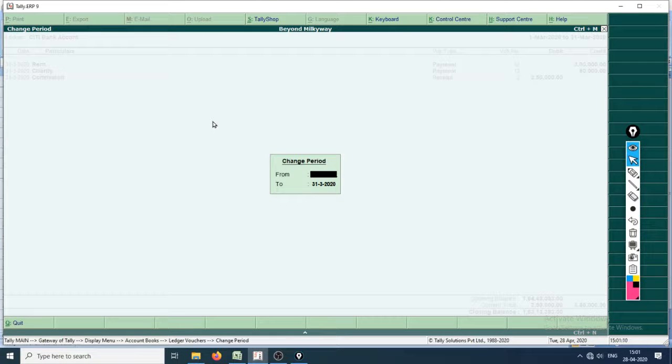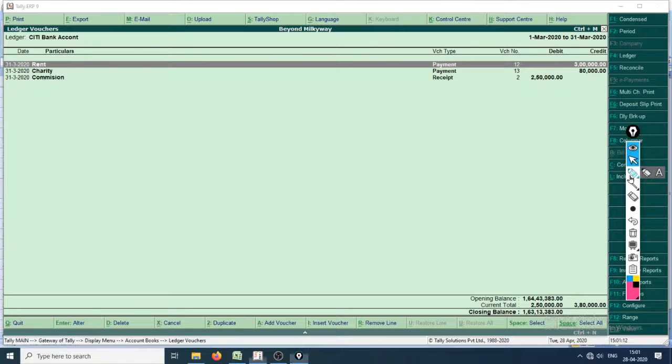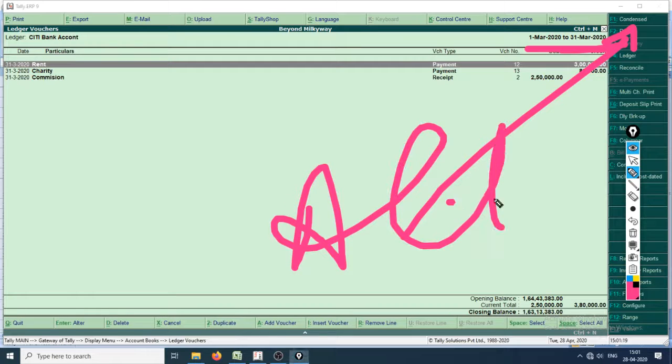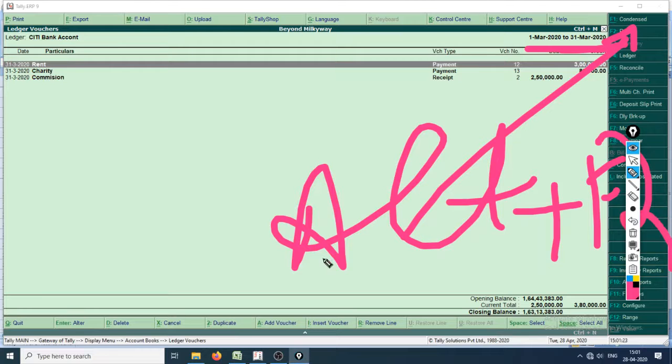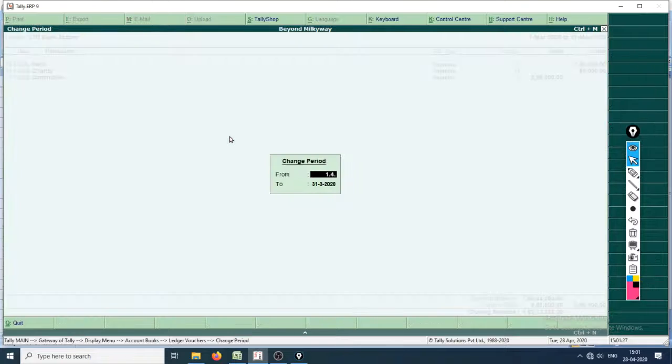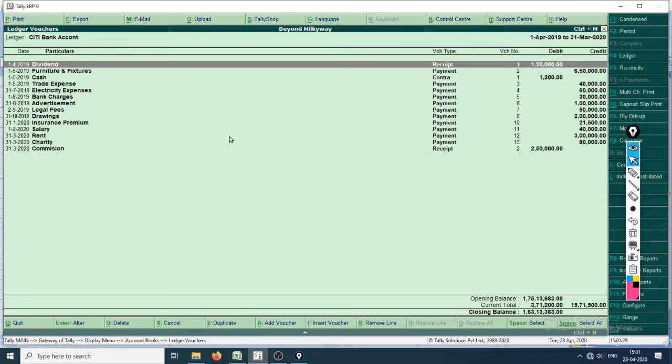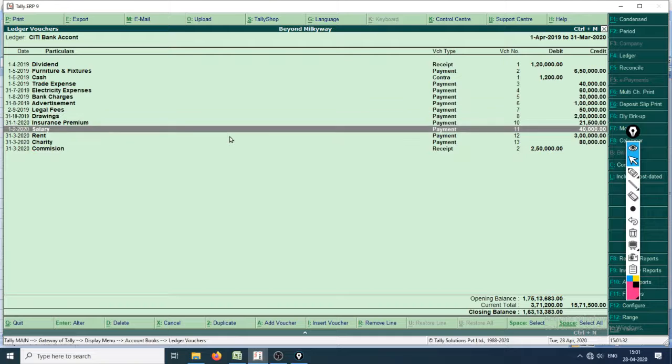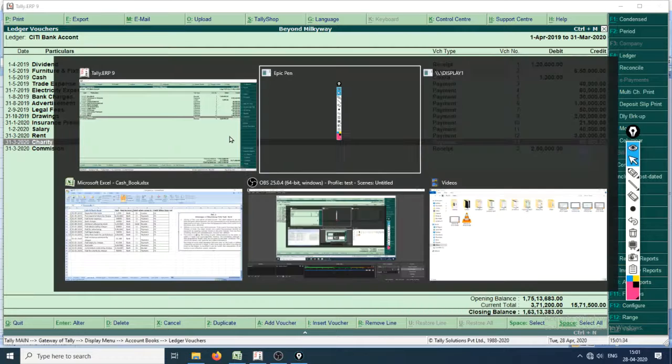Alt F2 to change the period. By default it shows only a month period, hence you can always change the period from here. That is Alt plus F2. By now you must remember it. Alt plus F2, 1419 to 31/3/20. So there should be all these entries.